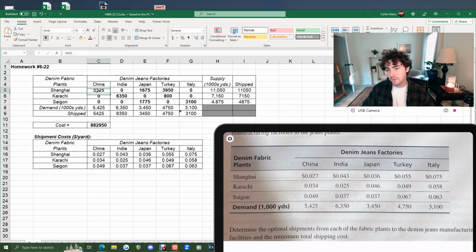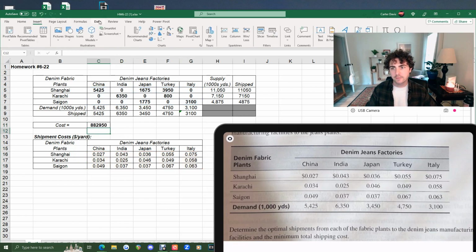So if this is the number of 1,000 yards multiplied by the cost per yard, they've multiplied the cost per yard times 1,000. So if you multiply this by 1,000, it would tell you how much 1,000 yards cost. Yeah. Okay. So the sum product of these and these times 1,000. That's where that comes from.